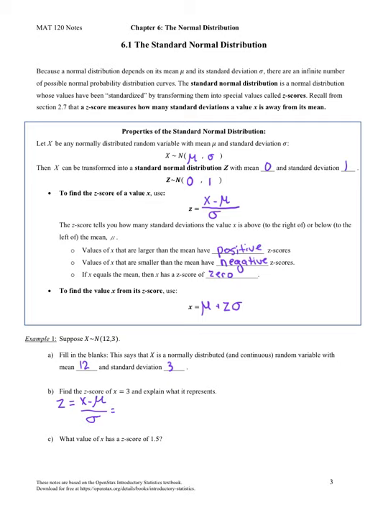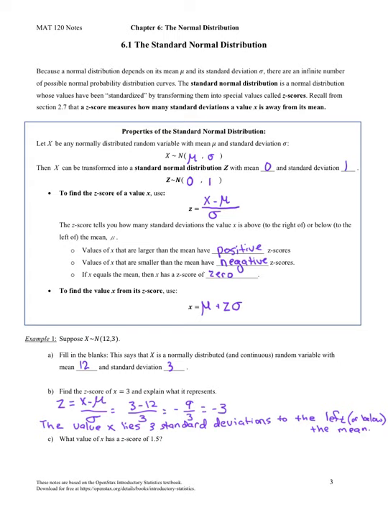And then if we go ahead and plug in our values for the data point, for the mean, and for the standard deviation, we'll get an answer of -3. So this means the value of x, which equals 3, lies 3 standard deviations to the left of the mean.